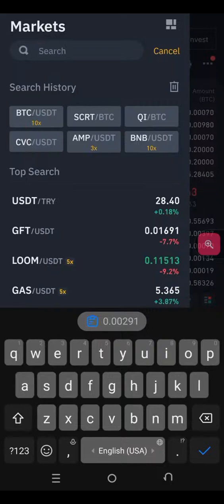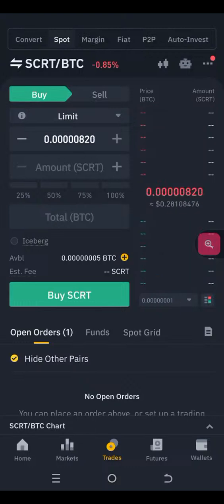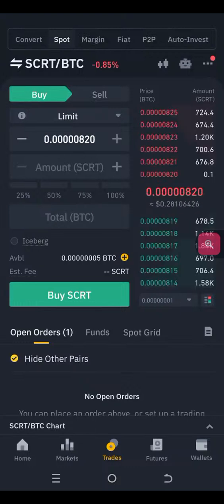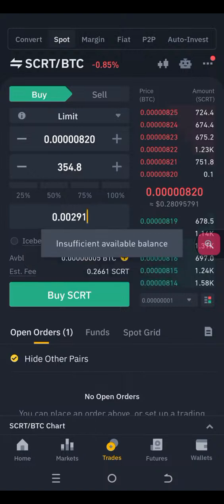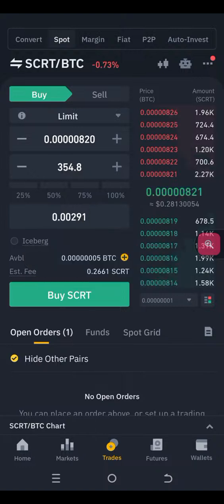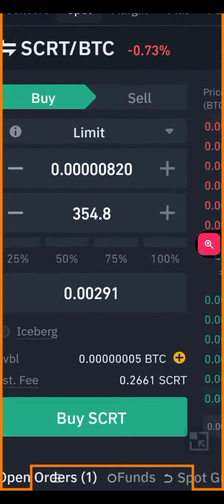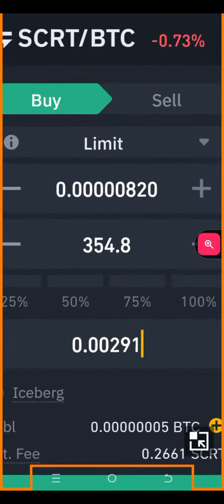Let's check it out. We're at SCRT, and all we have to do now is buy SCRT with BTC. So we just place the BTC here, as you can see, and then we can pick up 354.8. Remember that, 354.8. Let's copy that.